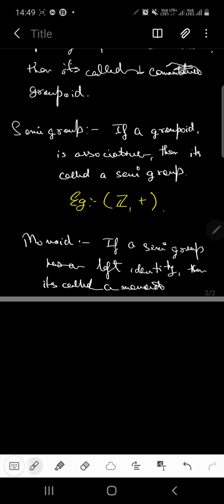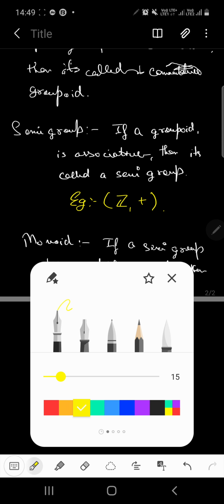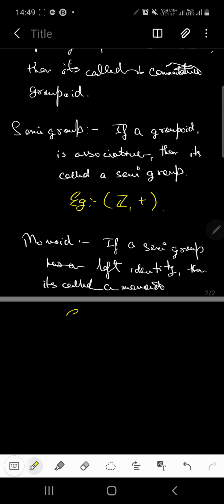So what can be the examples of monoid? The examples of monoid can be the set of all integers and addition. You can have the set of all rationals and multiplication. Got it? Okay.